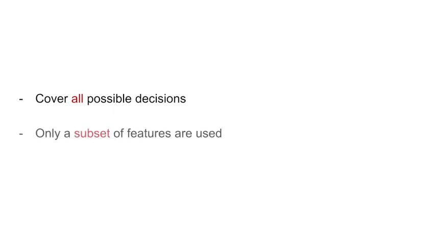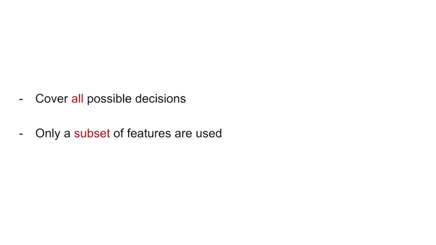And before we move on, it is important to highlight a couple of things about how the rules work. First, the set of rules describes all possible decisions the model makes. Second, the model may make decisions by using only a subset of the features that describe the object it receives as an input.